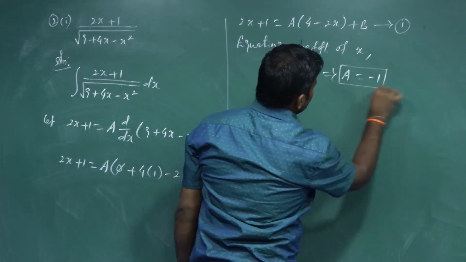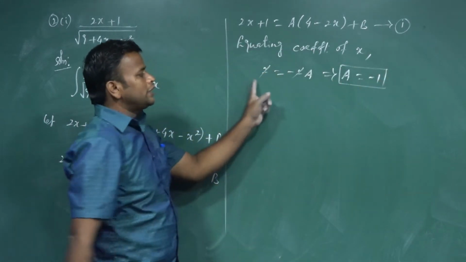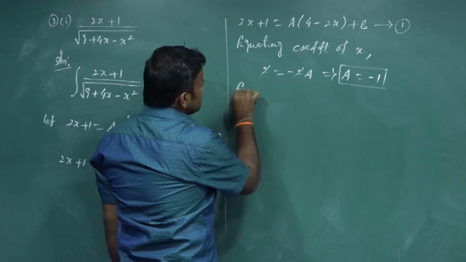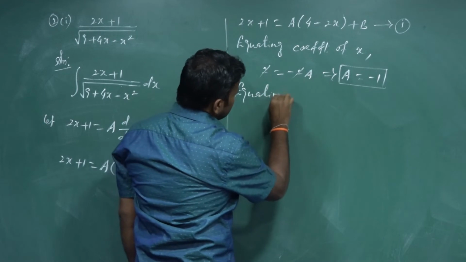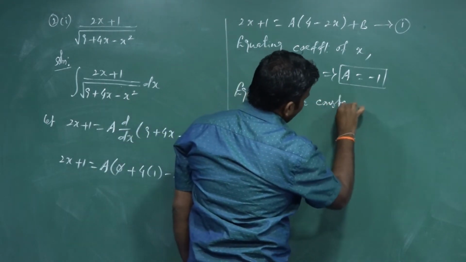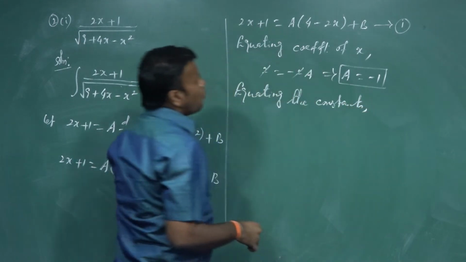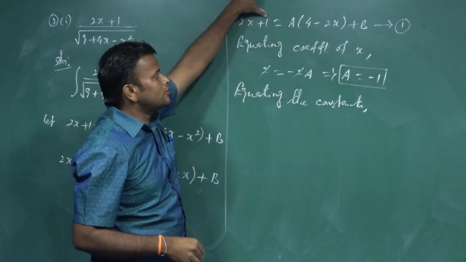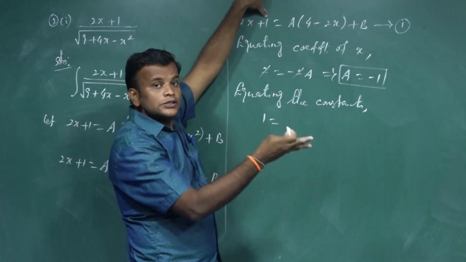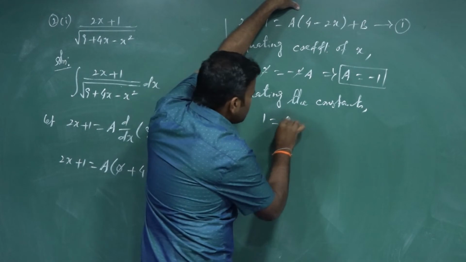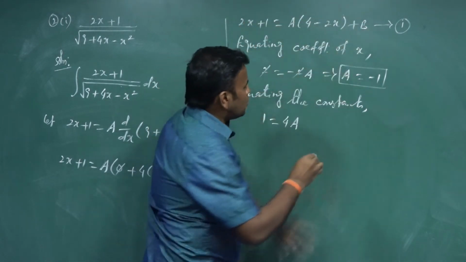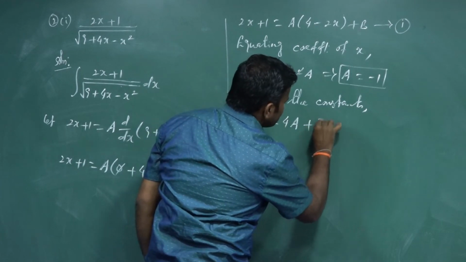The value of a, I say, minus 1. Okay. 1 is equal to minus a. So the value of a is equal to minus 1. The next one is equating the constant. What is the constant in LHS? The constant in LHS is 1. And the constant in RHS, a into 4 is 4a, and b is the constant term plus b.